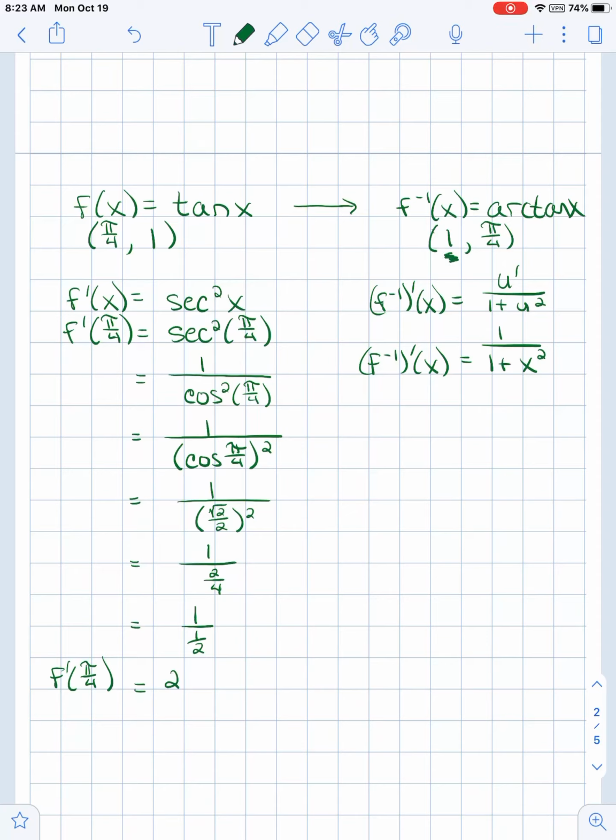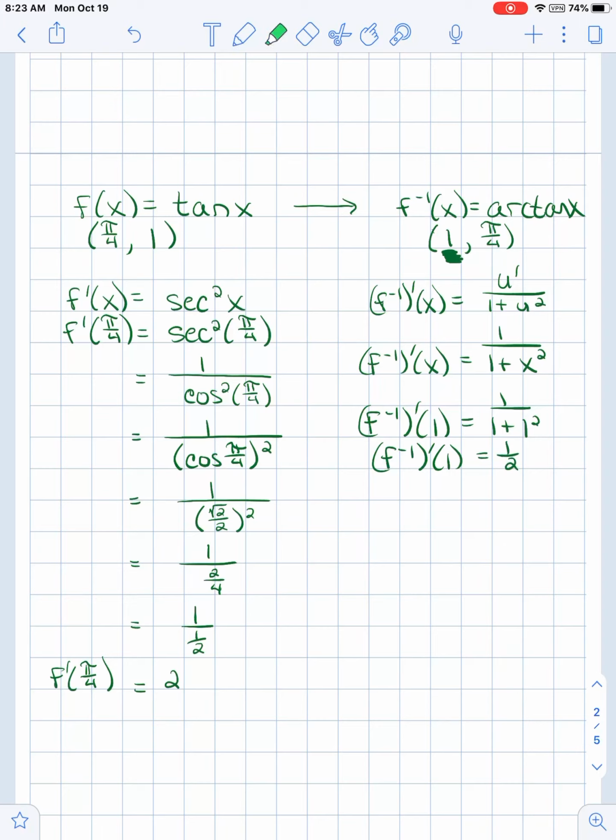And we know the input is 1 in this case. The input was 1, so if I replace x with 1, I get 1 over 1 plus 1 squared, or 1/2.